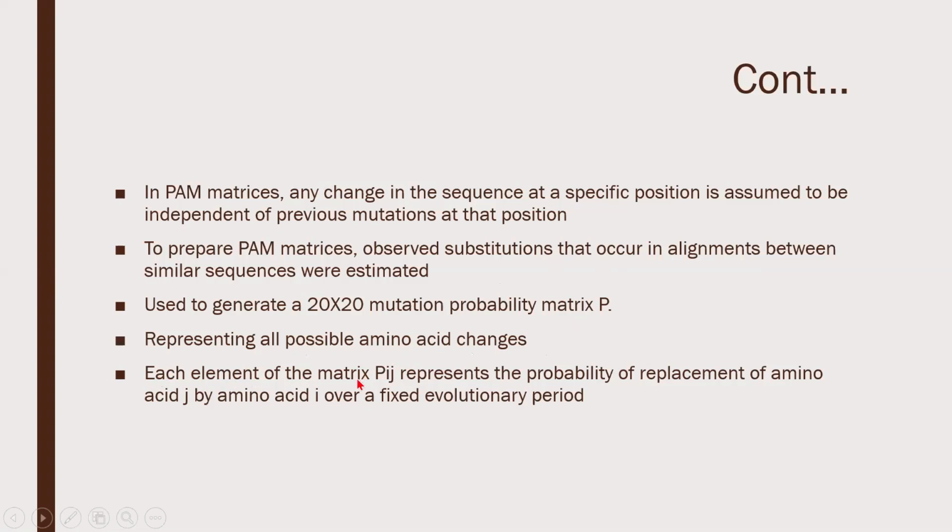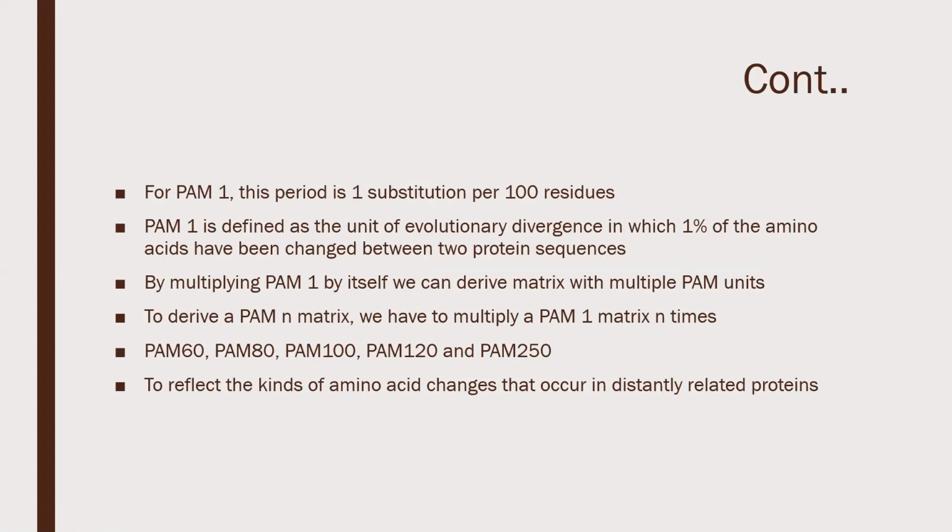Each cell of the matrix is called an element. Each element Pij represents the probability of replacement of amino acid J by amino acid I. The value present in that element of the matrix represents the probability of replacing amino acid J by amino acid I over a fixed evolutionary period.